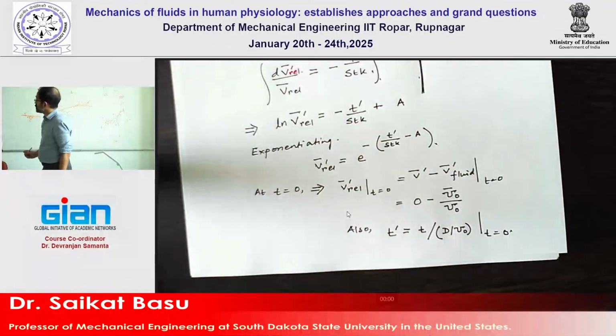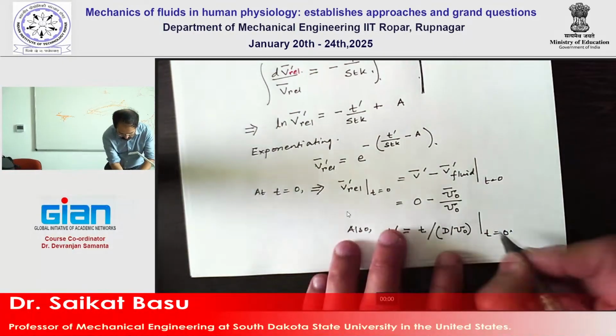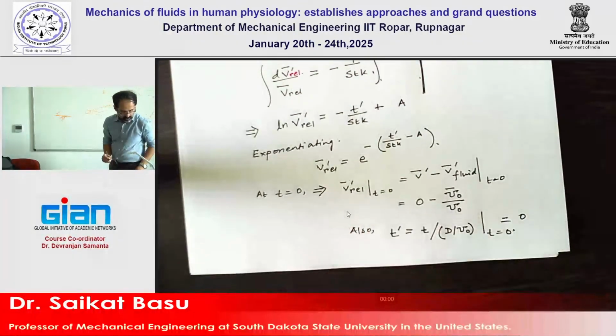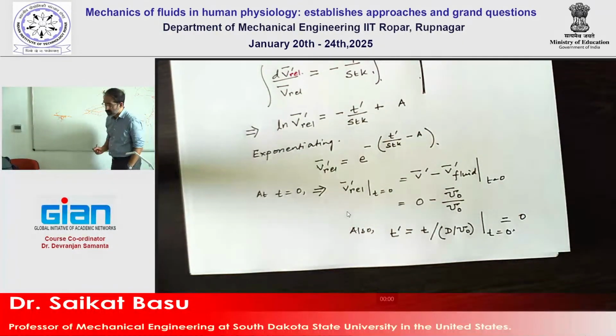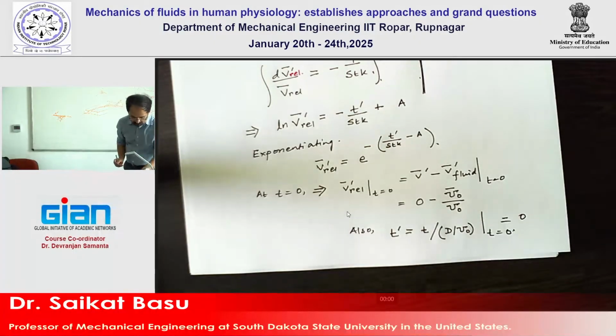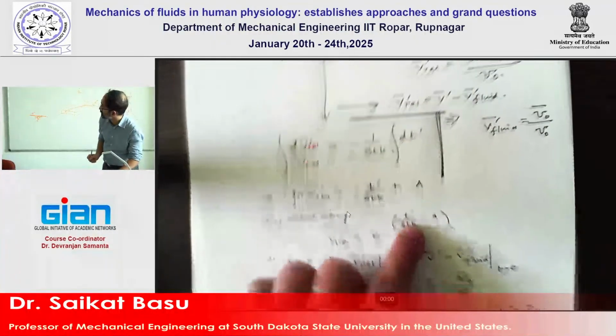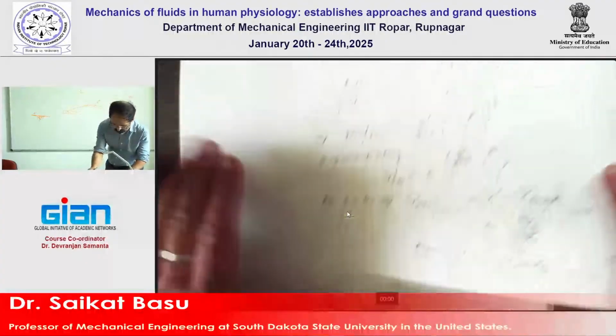So at t is equal to 0, this t prime is also equal to 0, which is trivial. Now let's come back to this particular form that we have derived. Let's apply this over here.